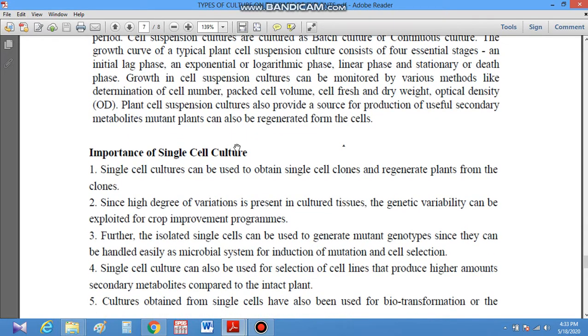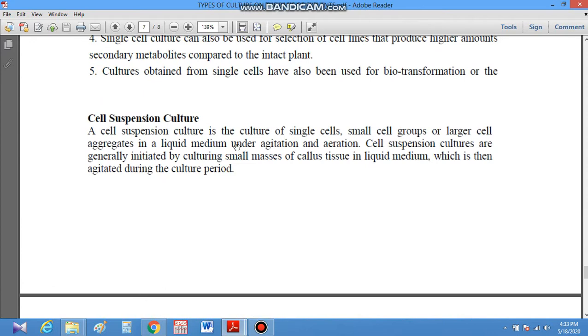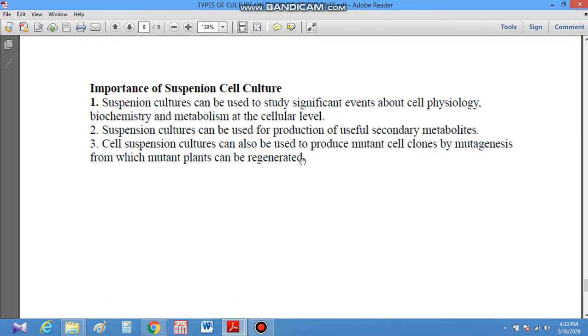Single cells can be cultured on a suitable nutrient medium, and another culture is the cell suspension culture, in which single cells are cultured in a liquid medium and agitated in an agitator, and after culturing them we can obtain callus. They are also important in various fields.